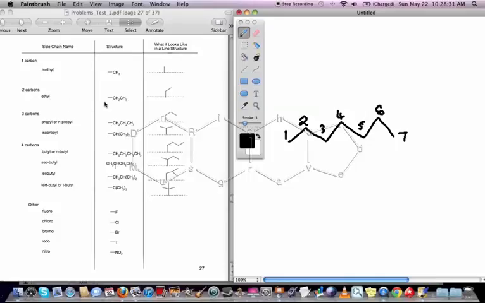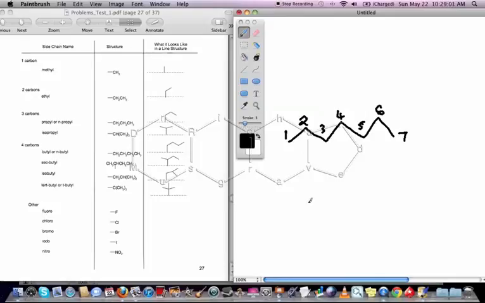Ethyl comes from ethane. There you go, ethyl group. Now with 3 carbons something interesting happens. We begin to see 2 possible points of attachment on a 3 carbon chain. We can either attach it at the end, CH2, CH2, CH3, or we can attach it off the middle carbon and we can have CH with 2 CH3s attached to it.